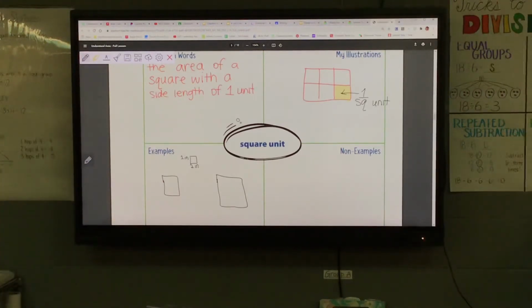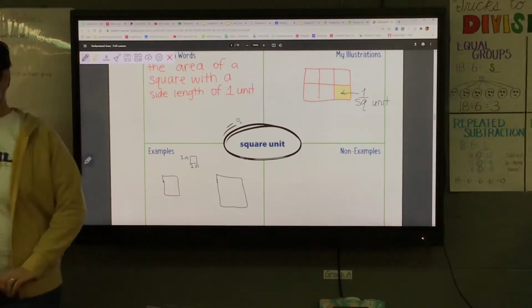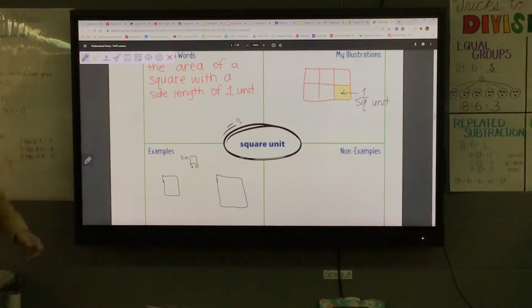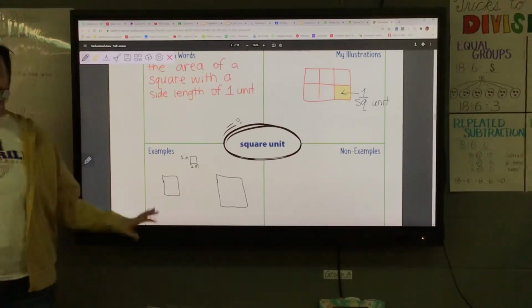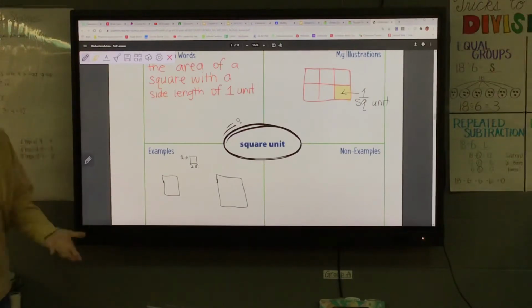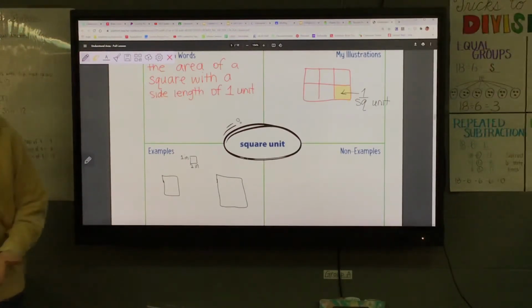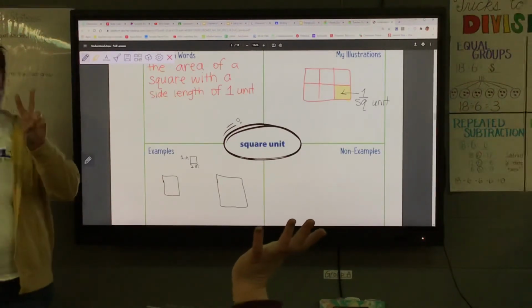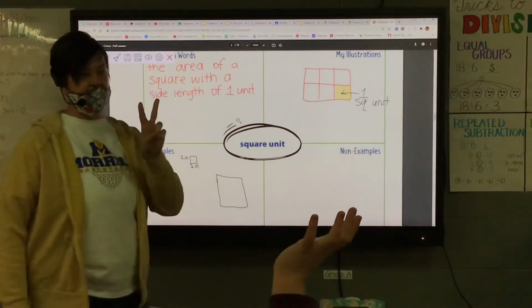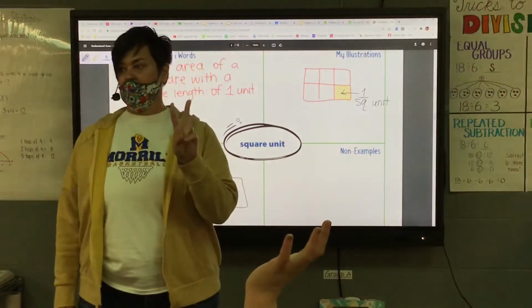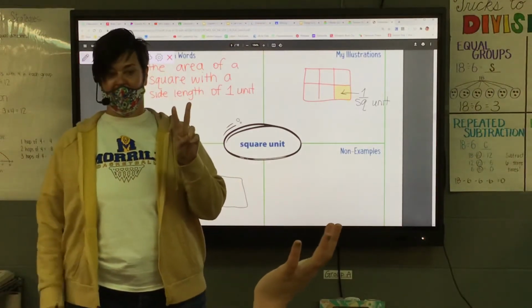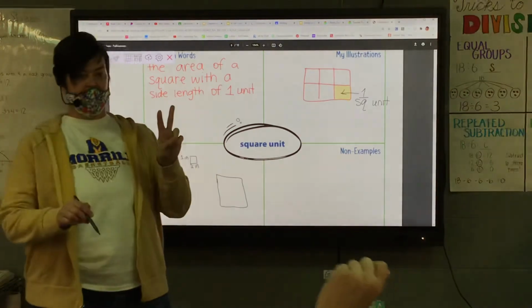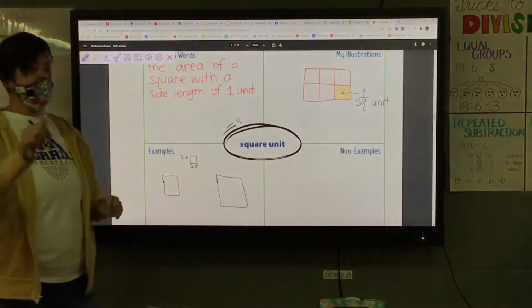Now let's go to this middle square. Let's say that we're measuring these in centimeters. Do you know how to abbreviate centimeter? What 2 letters abbreviate centimeter? Lucas? No? cm.